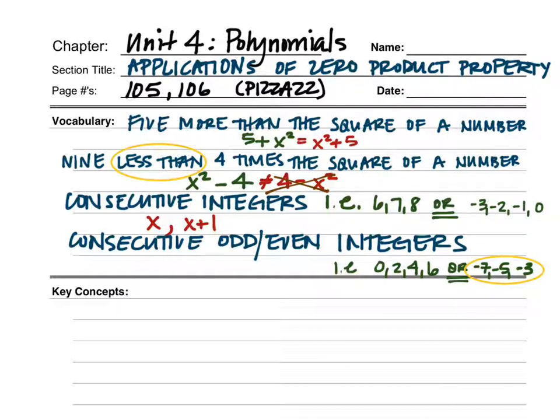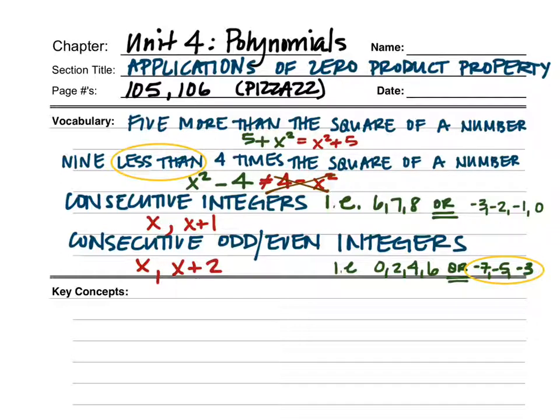If I'm working with -7, -5, and -3, going from -7 to -5 I'm adding 2, and from -5 to -3 I'm adding 2. So it doesn't really matter whether I'm working with even or odd integers. I've got x, and then I'm always going to add 2.